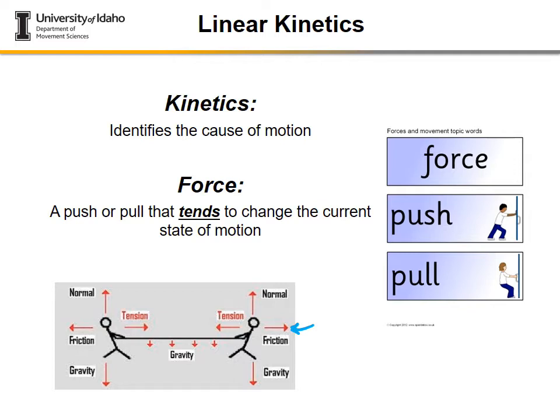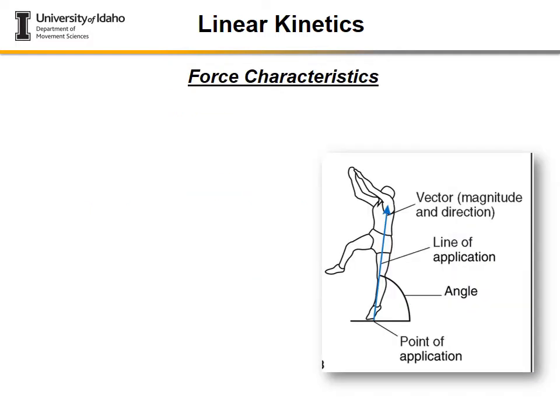But there are forces acting throughout the environment, in the vertical and in the horizontal. So a key component is knowing that it's a push or a pull that tends, it doesn't always, but is designed to change the current state of motion.